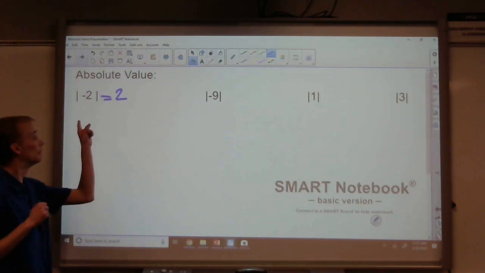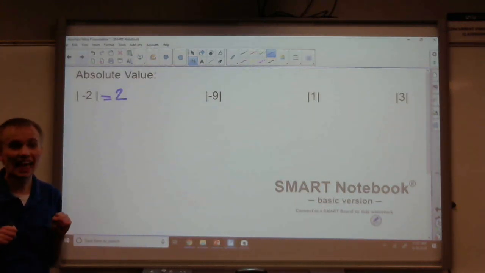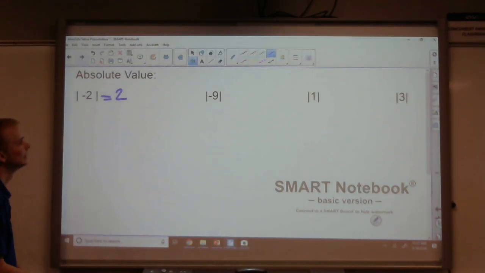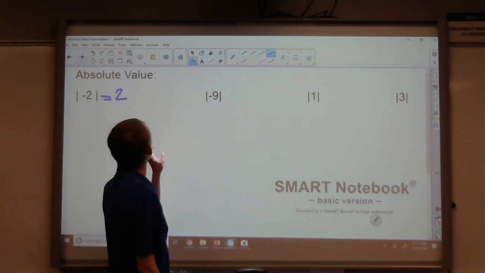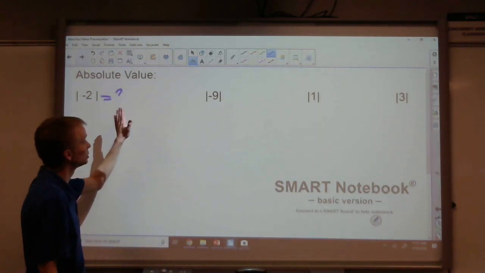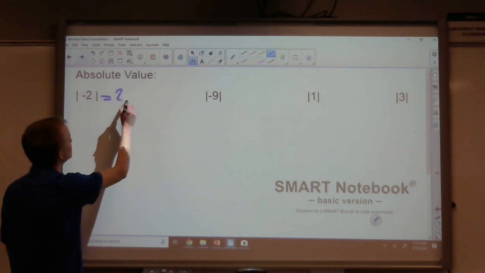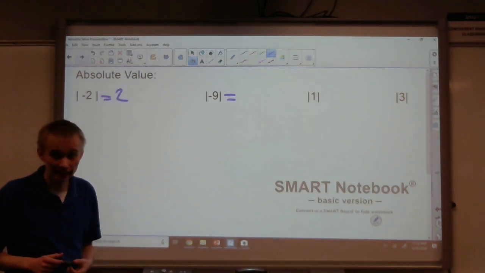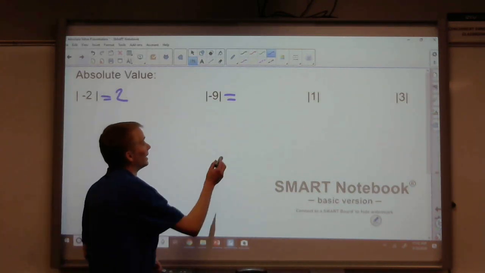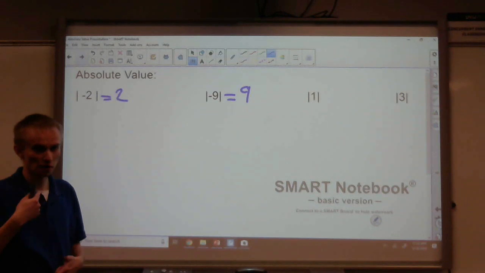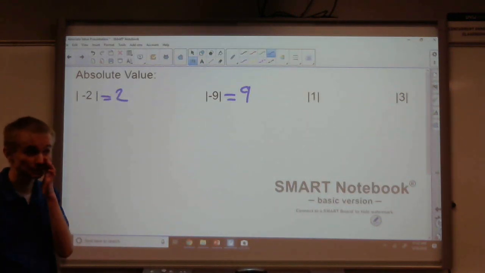So basically the bars just mean anytime it's a negative, you flip it to positive, okay? So in this case, I had absolute value of -2, it switches, it becomes +2, okay? If I do absolute value of -9, that is going to be +9. I just switch all my negatives to be positives.